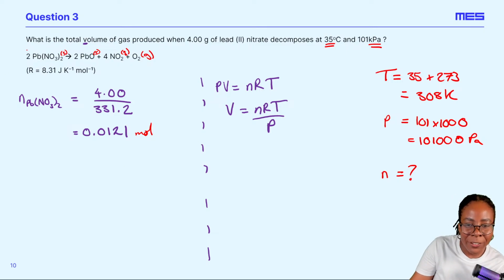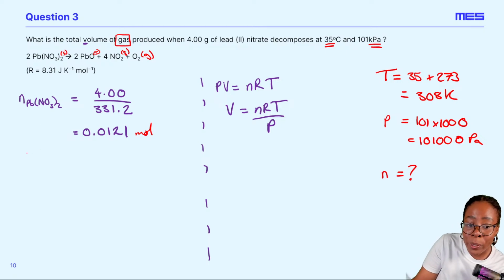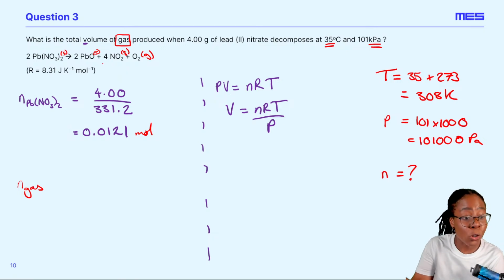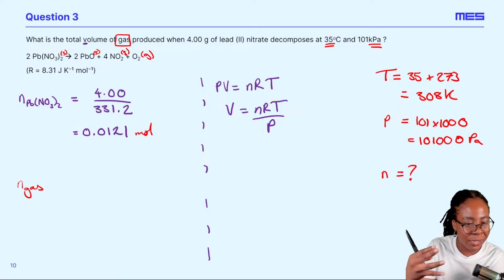So far, we've calculated the number of moles for our lead-2 nitrate. But for our volume, we want the volume of gas. So we need to use our molar ratios, our stoichiometric relationships, to relate our moles of lead nitrate to our moles of gas. Now, we've got more than one gas here, but as long as it's the same temperature and pressure, the same number of moles will occupy the same volume.